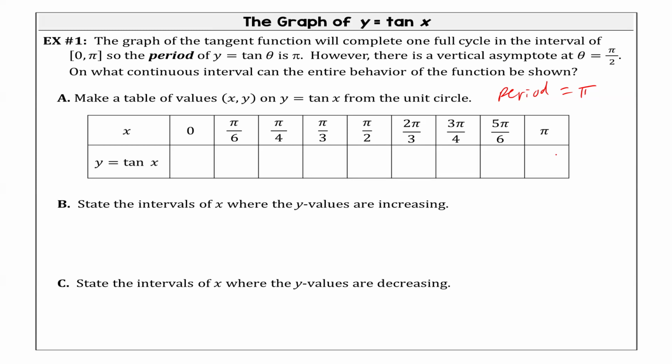All right, so we're at the tangent of 0. Tangent of 0 is going to give us what over what? 0 over 1, which makes what? 0. So the tangent of 0 is 0.